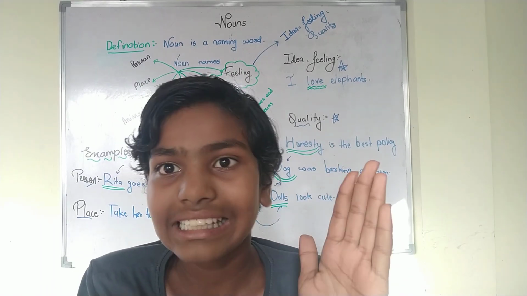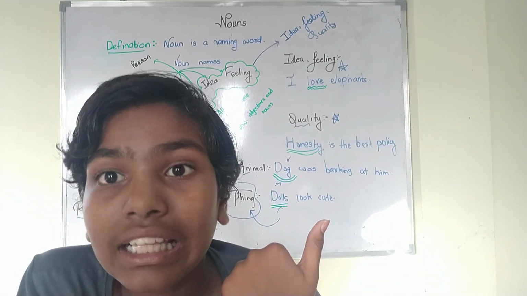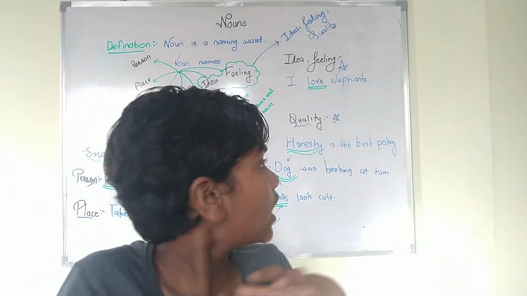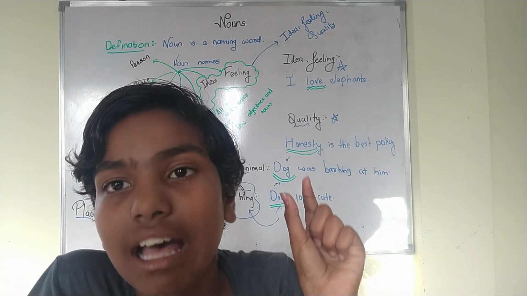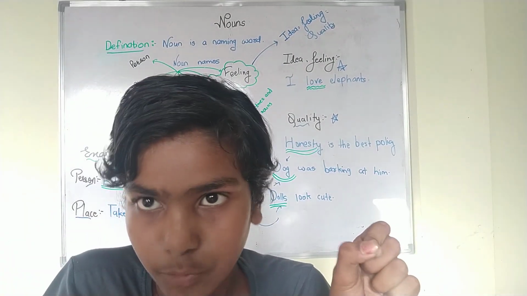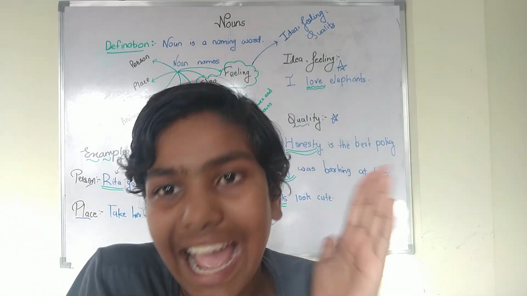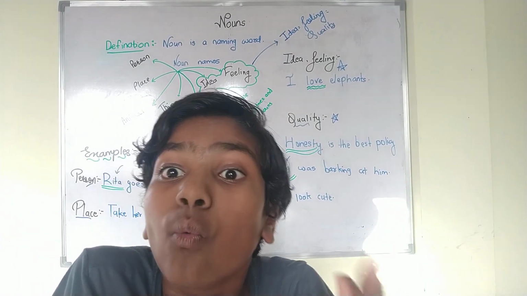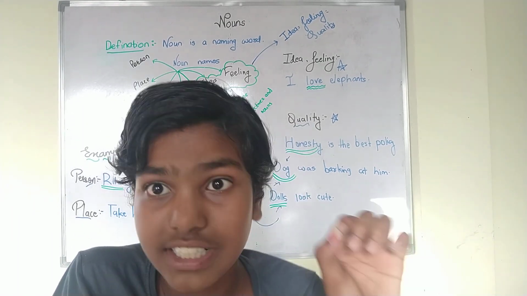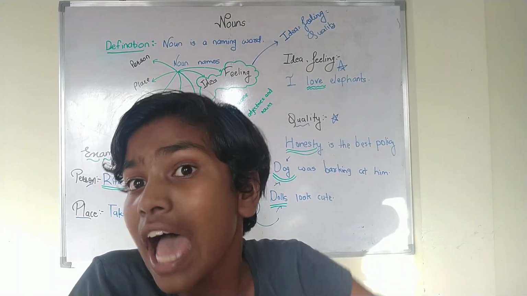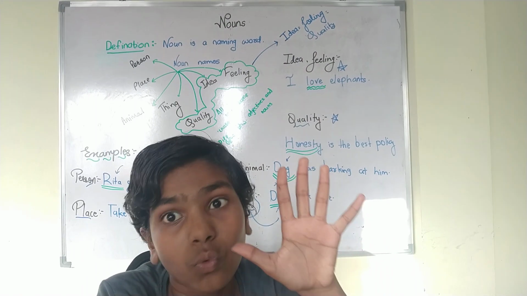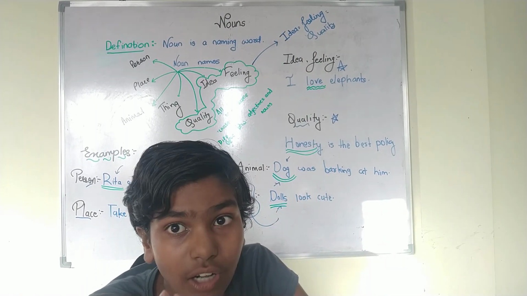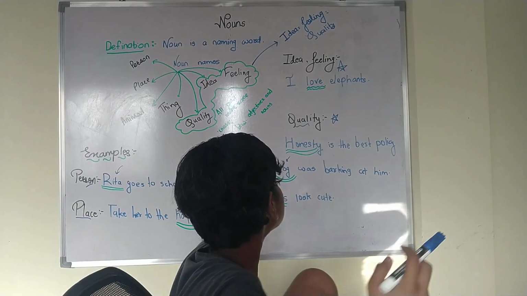What I really mean is that any quality is something which is dependable. Quality of a noun cannot be the quality of an adjective. It differs. What is the point of difference? Adjective is describing the quality. Let's see what quality of noun does.